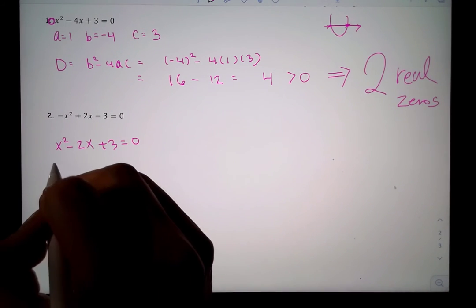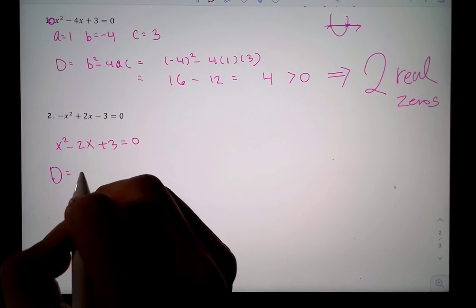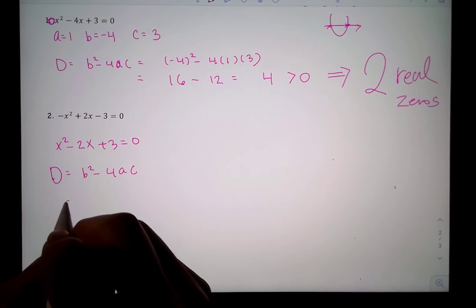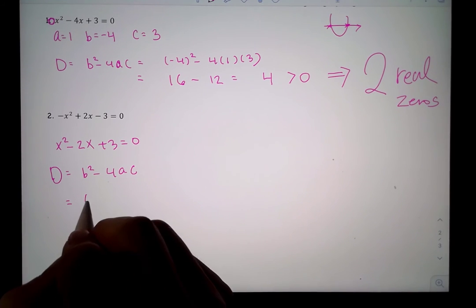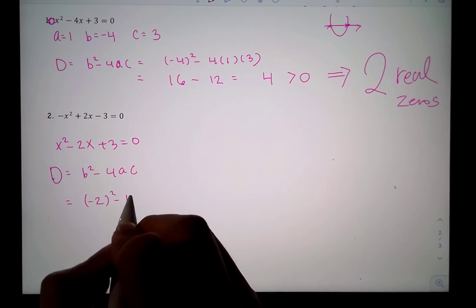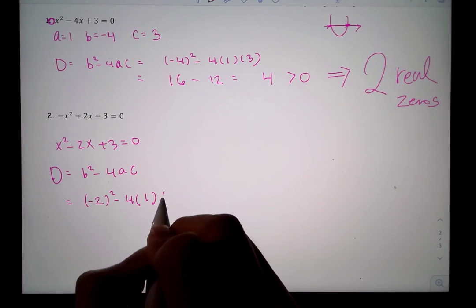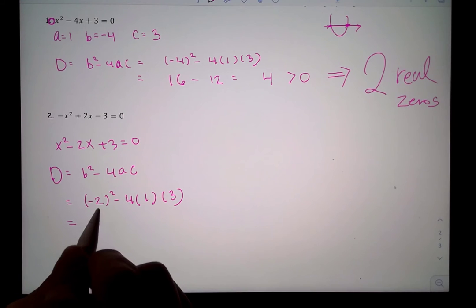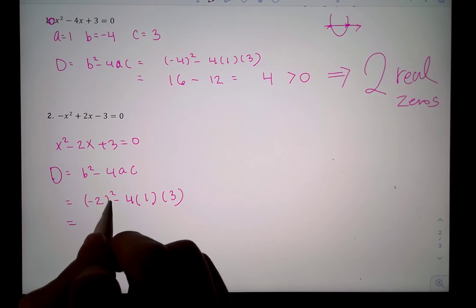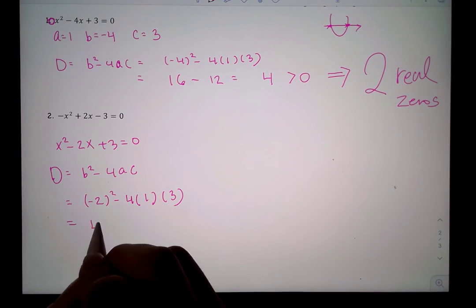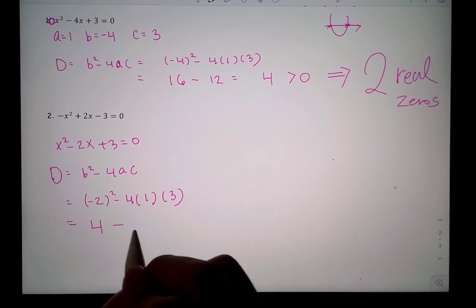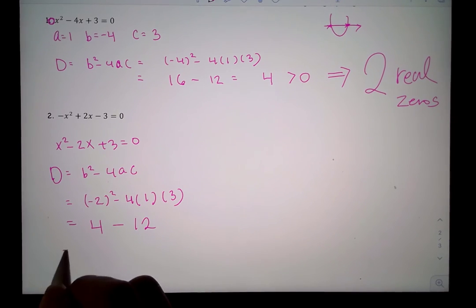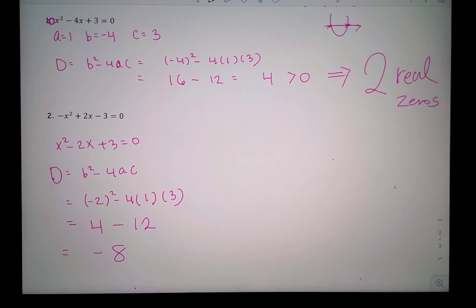And then my discriminant is b squared minus 4ac. b is negative 2, so negative 2 squared, parenthesis squared, turns to positive, so it's 4, minus 4 times 3, that is 12, which gives negative 8, right?